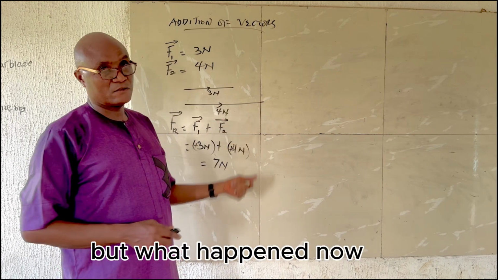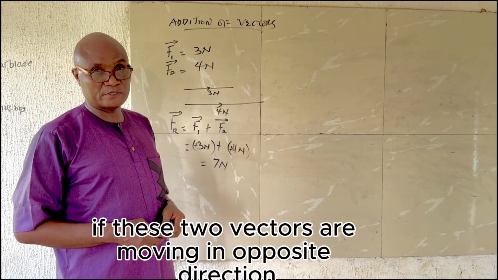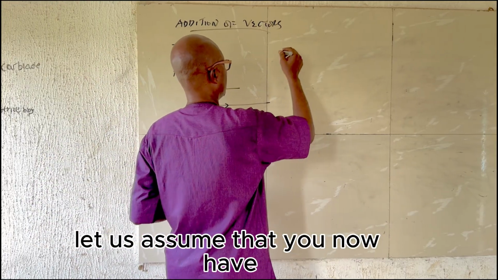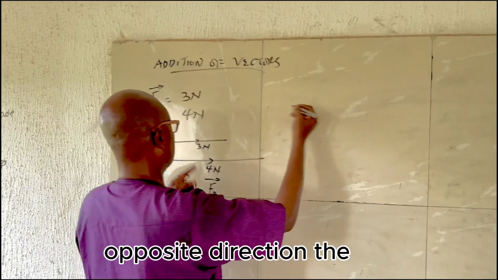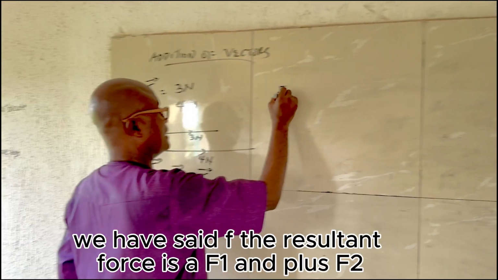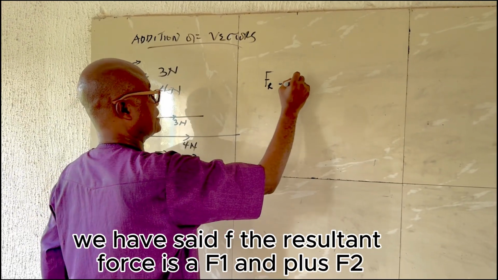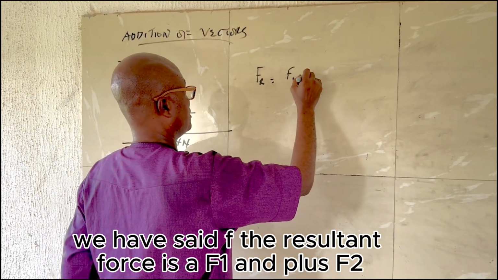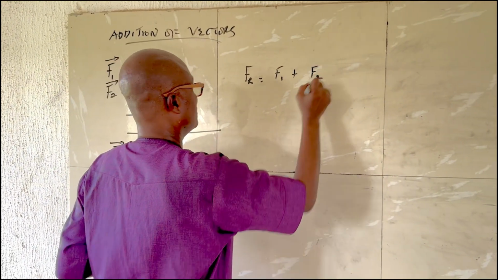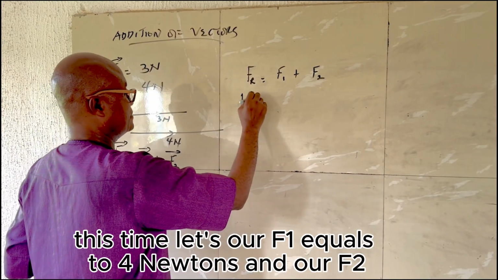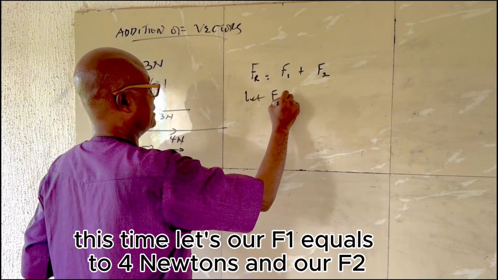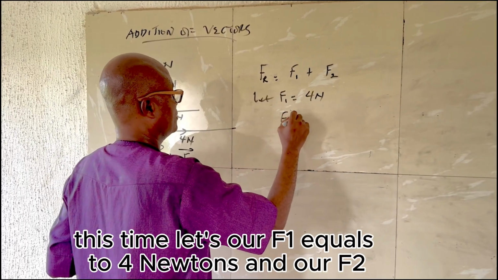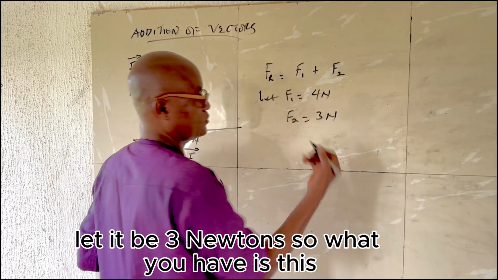But what happens now if these two vectors are moving in opposite direction? Let us assume that you now have opposite direction. We have said the resultant force is F1 plus F2. This time, let our F1 equal 4 newtons and our F2 let it be 3 newtons. So what you have is this.